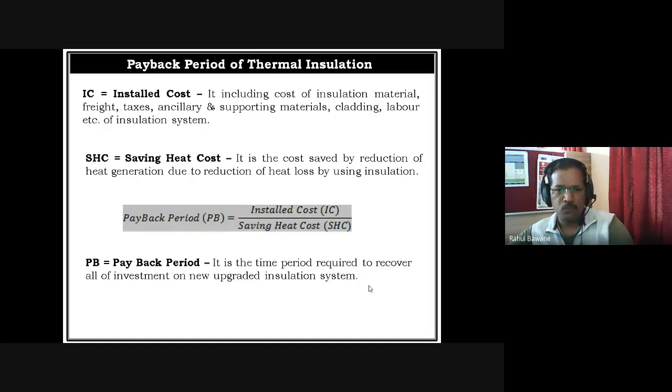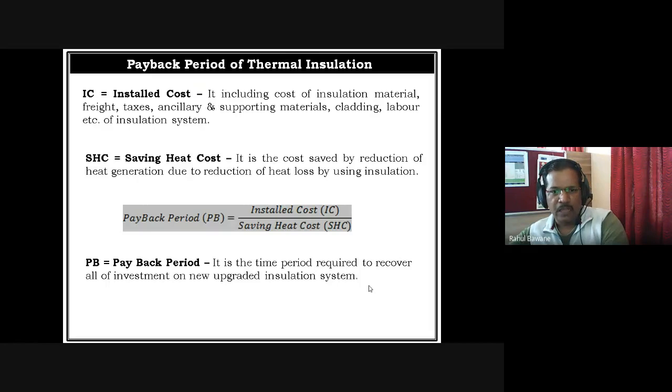So imagine, suppose I provide some insulation having a cost of 1 lakh, including everything, that is material cost, installation cost, labor cost, everything. And by providing that insulation, each year I save about 20,000 on the heat generation. So my total investment is 1 lakh, and each year I am saving 20,000.